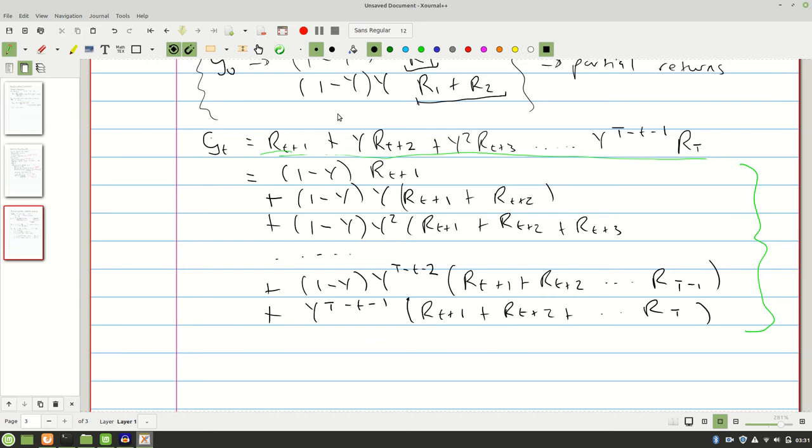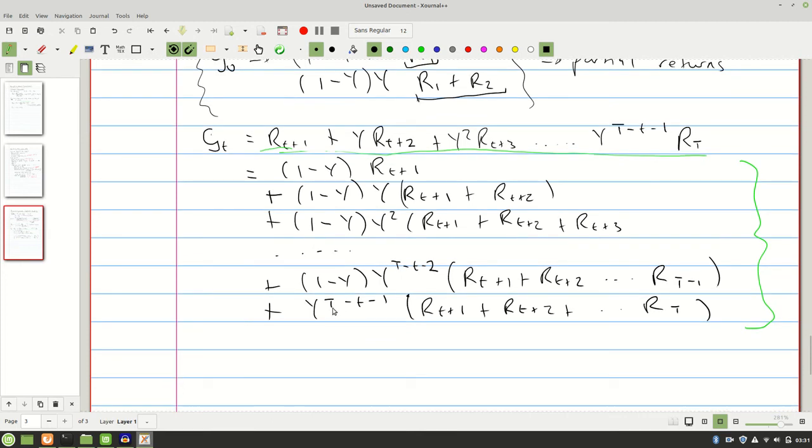You can work through an example yourself to prove to yourself that these are essentially the same. Maybe pick a value for t like 3 and try to get RT plus 1 plus RT plus 2 plus gamma squared RT plus 3 by rewriting it in this manner. This should be clear to you, so I'm not going to prove it here, but it should be straightforward.